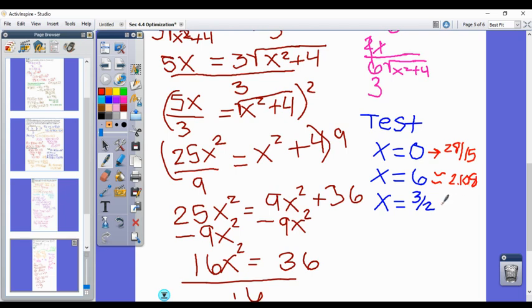And when I plug in 3/2, I'm going to get 26/15. Okay, so this is actually the smallest. So what that is telling me is that he should take your 6 miles and subtract out your 3/2, and that's going to give you 9/2. So he should park 9/2 miles from the house.